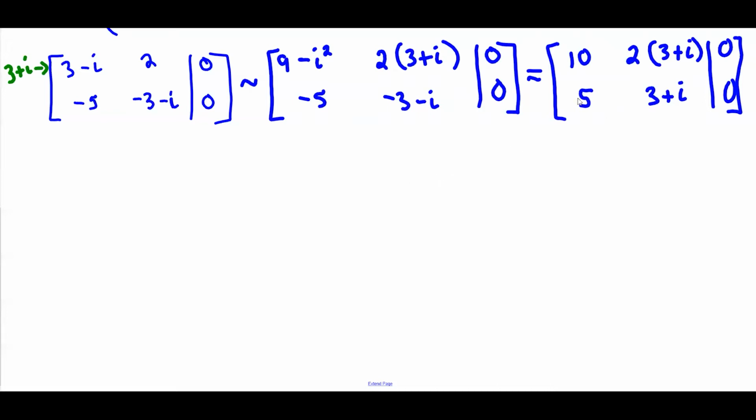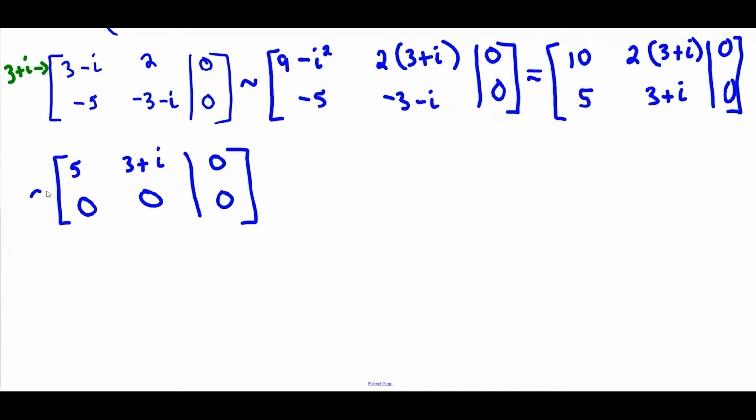So I'm going to multiply this by -2 and add it to the first row, and then I'm going to switch the rows, and that'll give me 5, 3 plus i in the top row, and zeros in the second row. And again, augmented with 0.